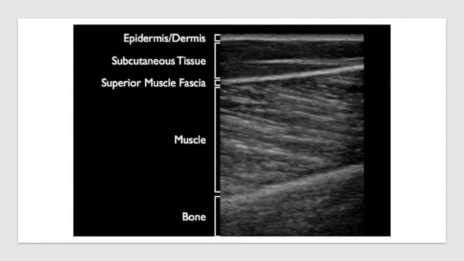So definitely understand what is superficial, what is deep, what are those middle layers, and then understand things like fascia will show up different than muscle, and that'll show up different than bone. We're going to go over this a lot in the Blackboard Collaborate session, but definitely make sure you're prepared for that session by studying slides like this.